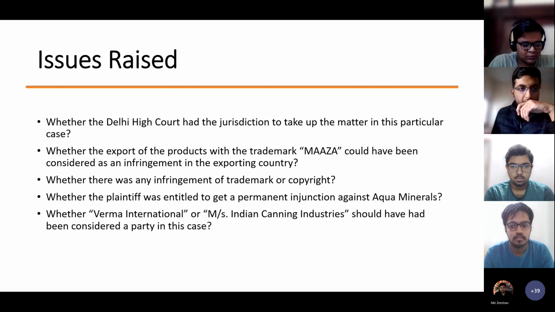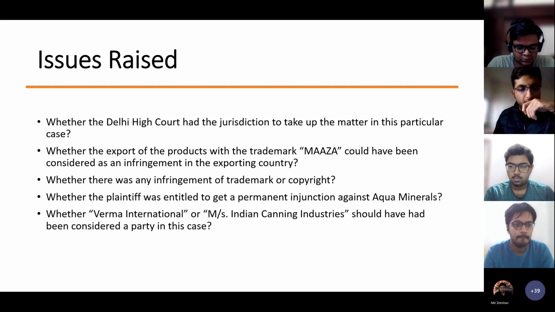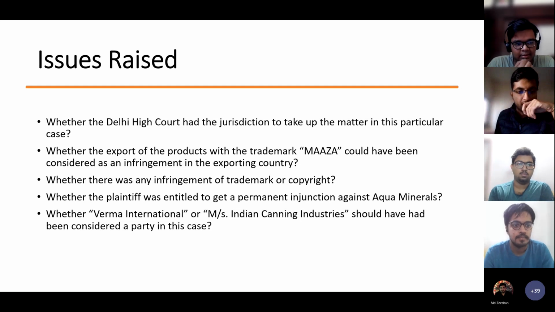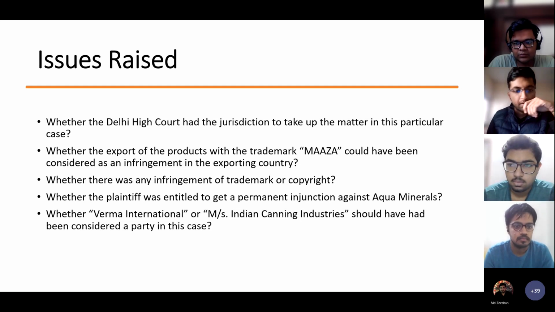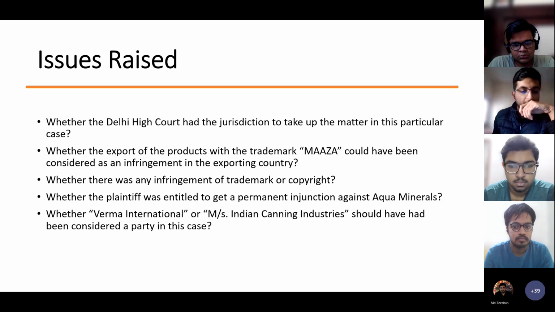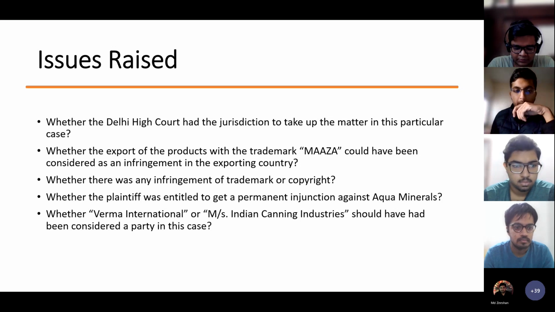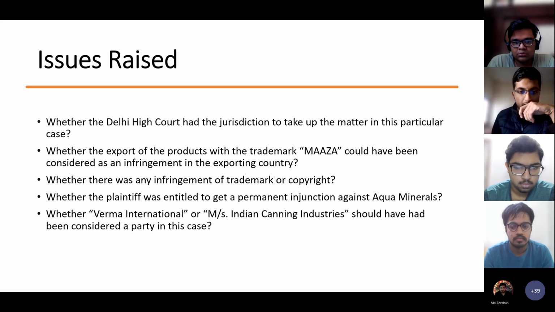Yeah. So some of the issues that were raised during this case were, first, whether the plaintiff, that is the Coca-Cola company, was entitled to get a permanent injunction against Aqua Minerals. The second one was whether the export of the products with the trademark Maza could have been considered as an infringement in the exporting country.